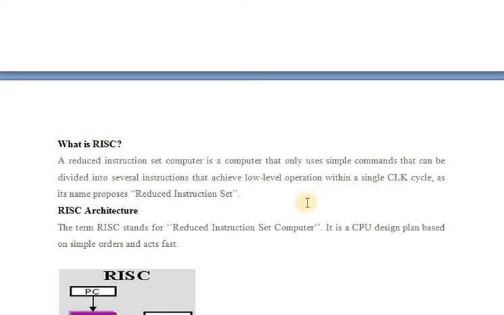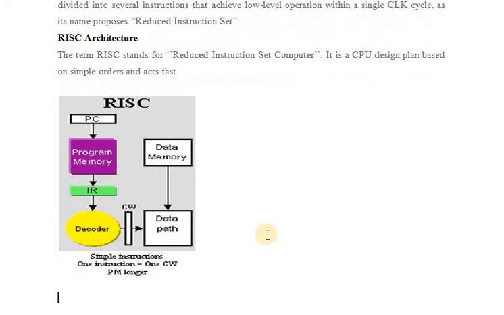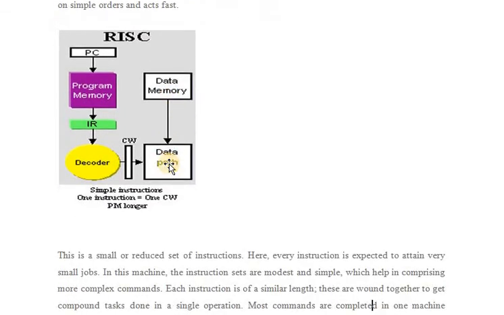That is why you call it a reduced instruction set. Now we will see the reduced instruction set architecture: PC, program memory, IR, decoder, CW, data path and data memory. So this is the reduced instruction set architecture.